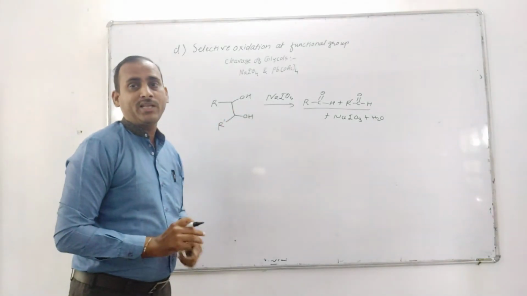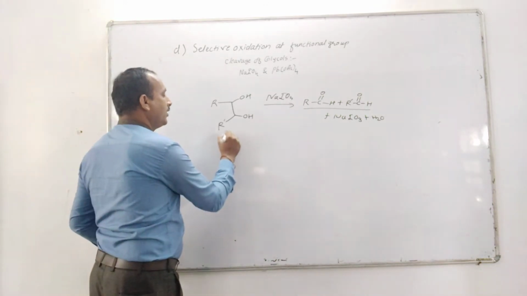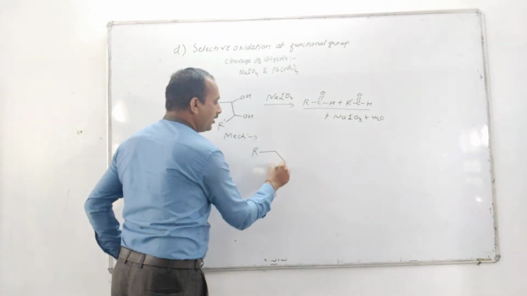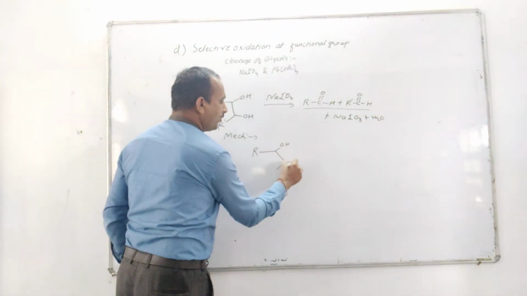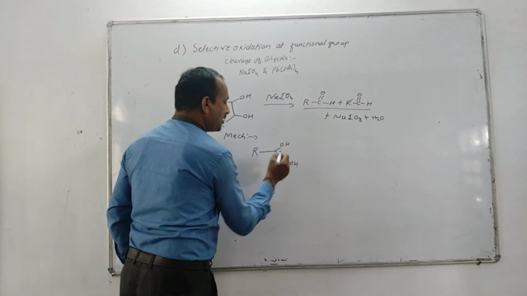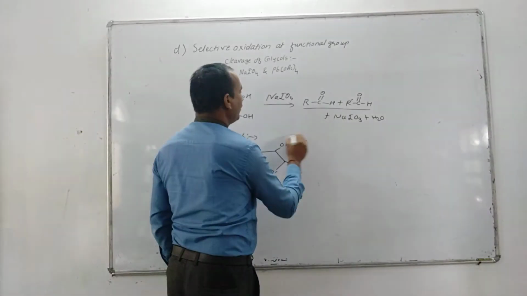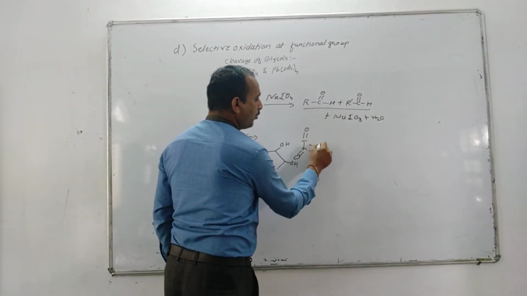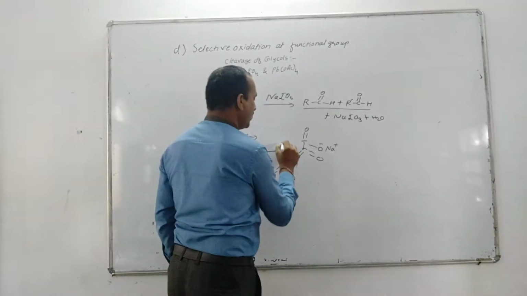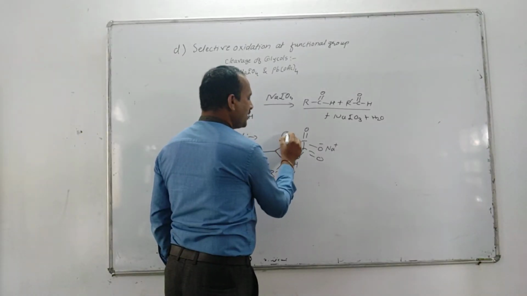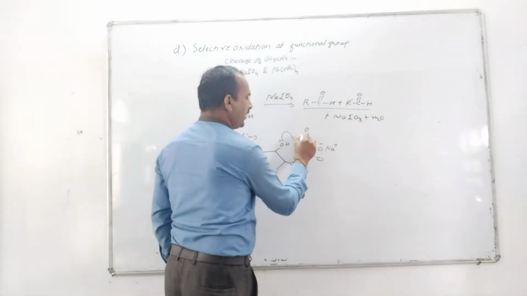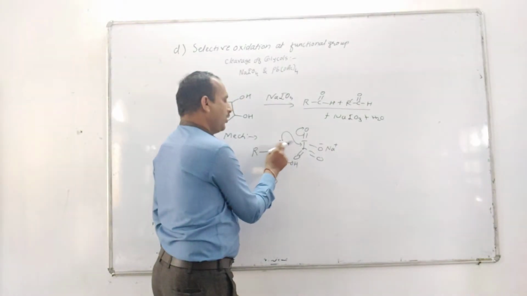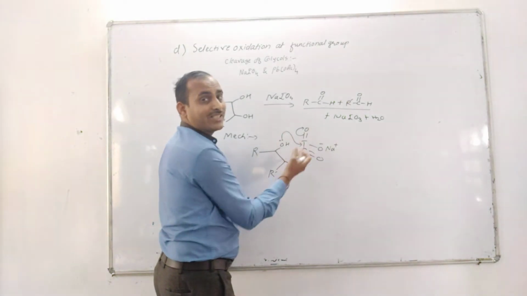So let's see the mechanism of this reaction. Now in the mechanism, the diol OH R dash attacks on periodate, O minus Na plus. The lone pair from the oxygen attacks on the iodine, there is O minus, and this O minus takes the proton from this OH, so the lone pair of the oxygen is retained.